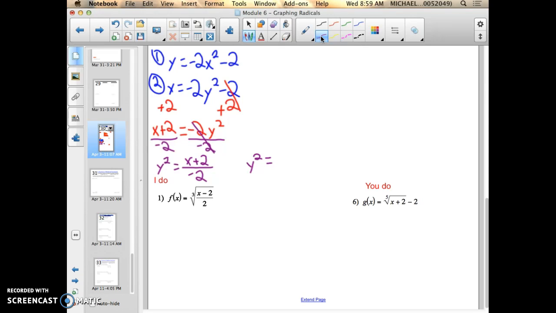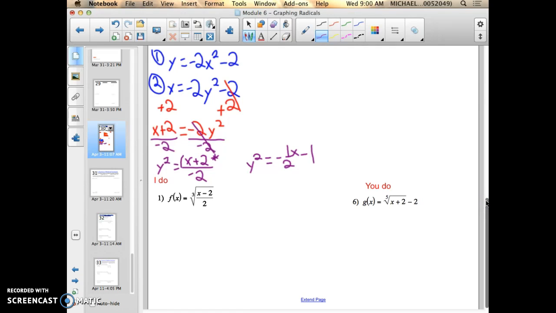So this is a 1 out front, so this becomes negative 1/2 x, and then positive 2 divided by negative 2 becomes a negative 1. So either way to write this at this point is perfectly fine. If you just want to write it like this and keep it simple, then you're more than welcome to.